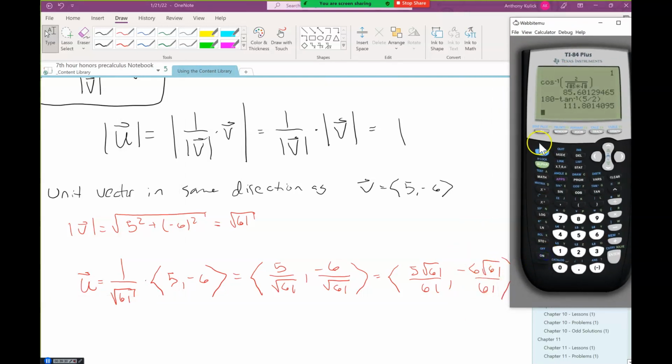If you really wanted to, you could always check this by just calculating the magnitude of that vector we just found. What should the magnitude be when we do this calculation? Should be 1, right? So I'm just taking my answer that I found, and calculating its magnitude using the magnitude formula.